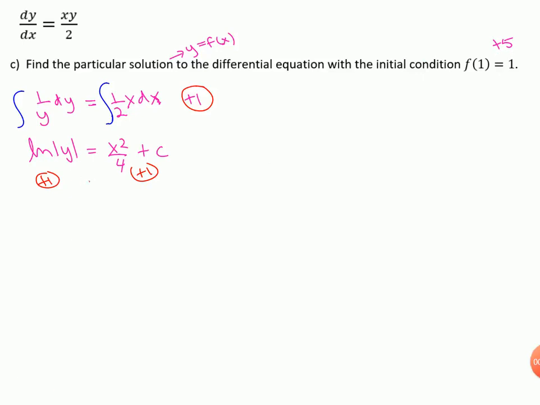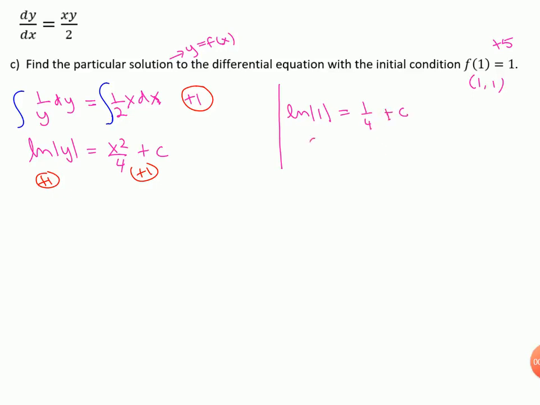So, all right, where do we get the c from? Well, we get the c from this initial value. So I like to do it on the side, and I like to just plug in. This really just means 1, 1, right? So if I plug this in to what I have so far, this is ln of 1 equals, well, 1 squared. That's 1 over 4. And then plus c.